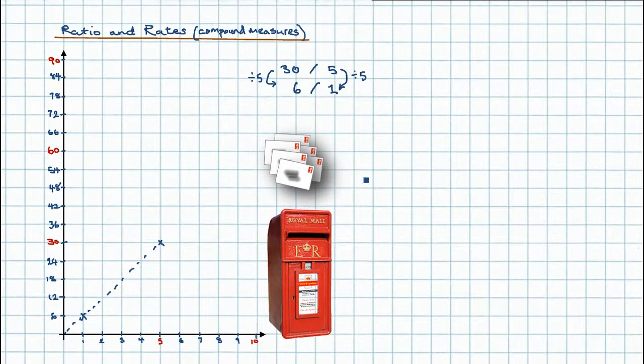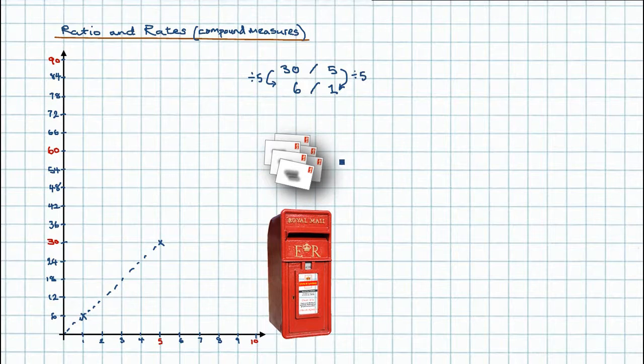Okay, let's now think about if we introduce some measures. So instead of having objects on both axes of our ratio diagram, let's now think about having something that we can measure. So in this case, what I'm going to do is have pounds.